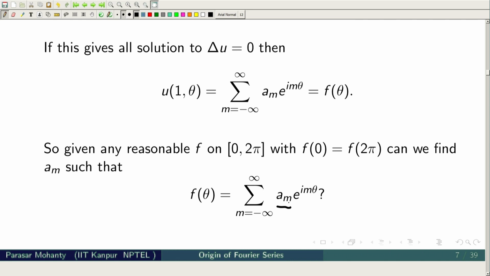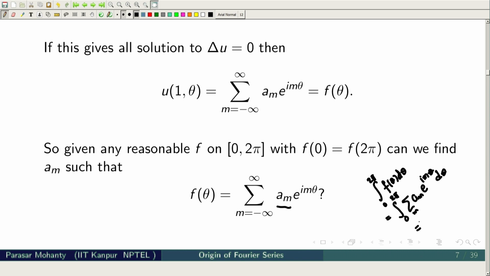If for the time being you allow me to do certain calculations without caring about mathematical rigor, then you can see that the integral from 0 to 2 pi of f(theta) d theta is equal to, supposing this expression holds, the integral from 0 to 2 pi of the summation over m of a_m e^(i m theta) d theta.